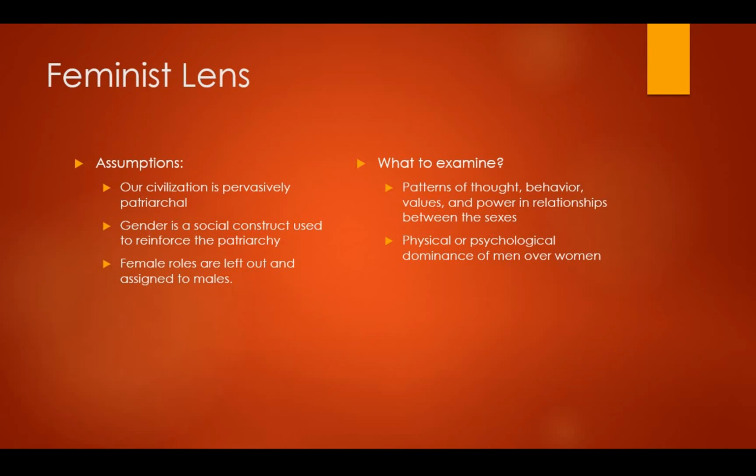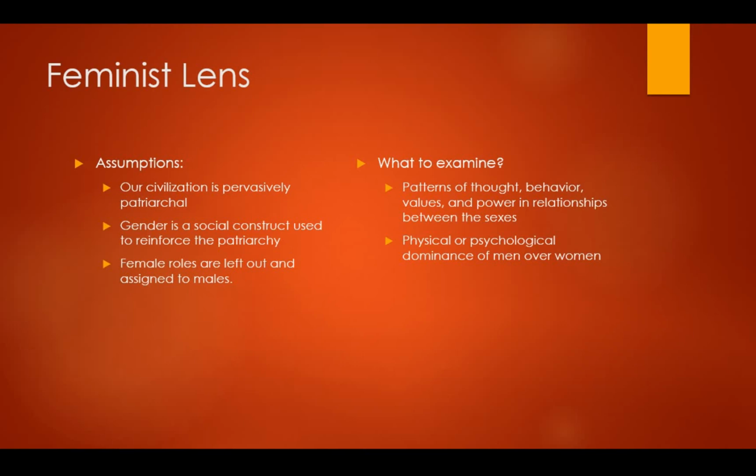So maybe I look at the relationship between Peeta and Katniss, and I look at how she thinks of herself as being the person that has to take control and help Peeta survive. However, at the same time, she's doing that all while playing into this idea that she's actually the damsel in distress that Peeta has been saving the whole time. So there's a power struggle relationship based on the thought and behavior in that relationship.